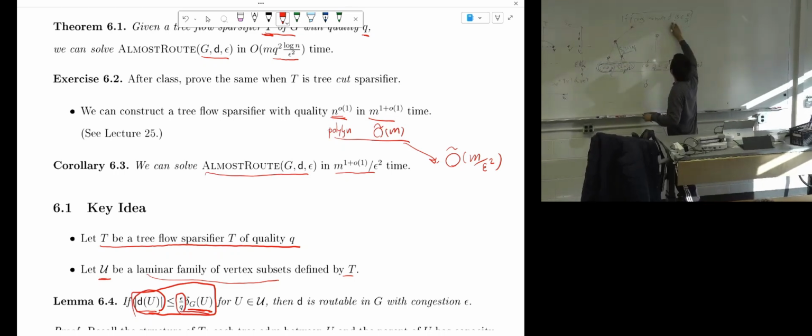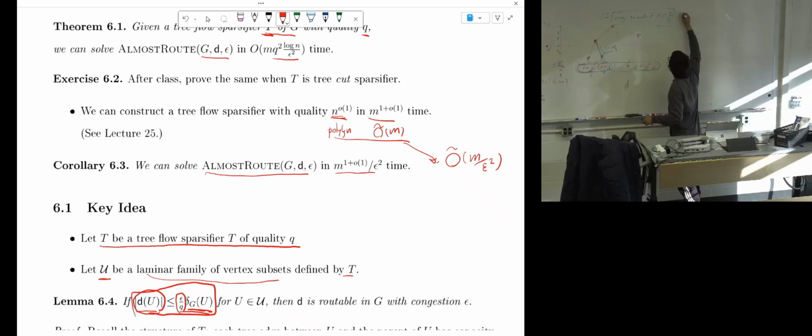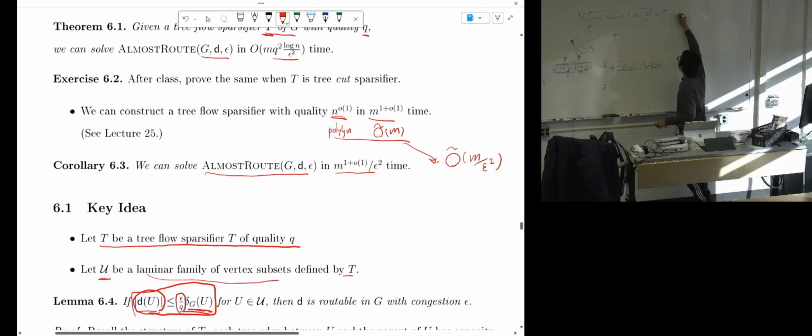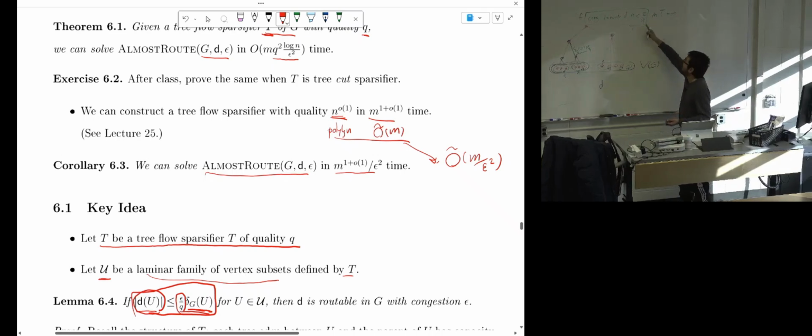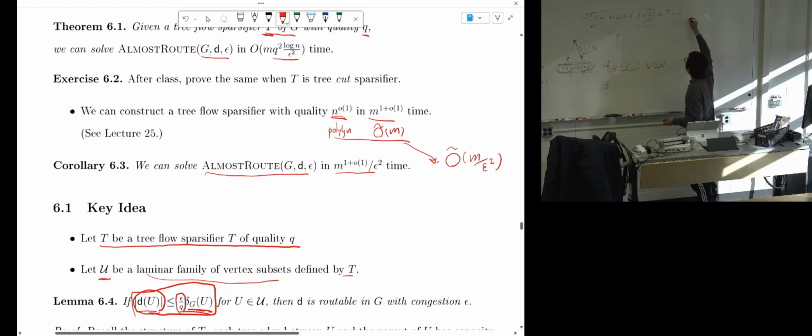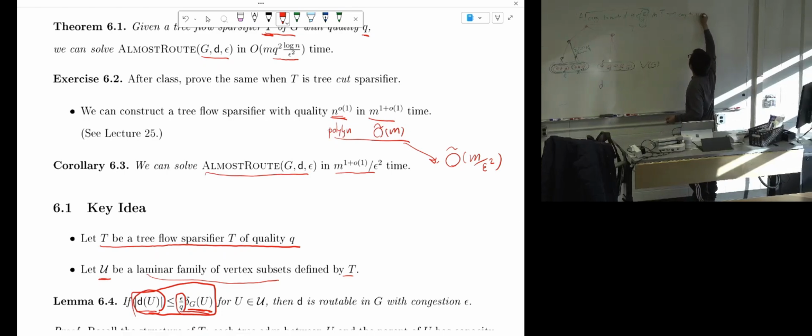The congestion to route D in T is at most epsilon over Q. Then we all know that the congestion to route D in G is at most epsilon, right?